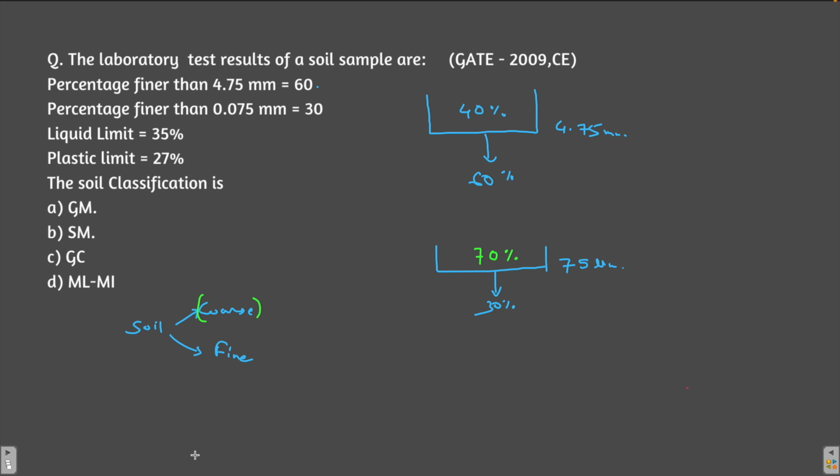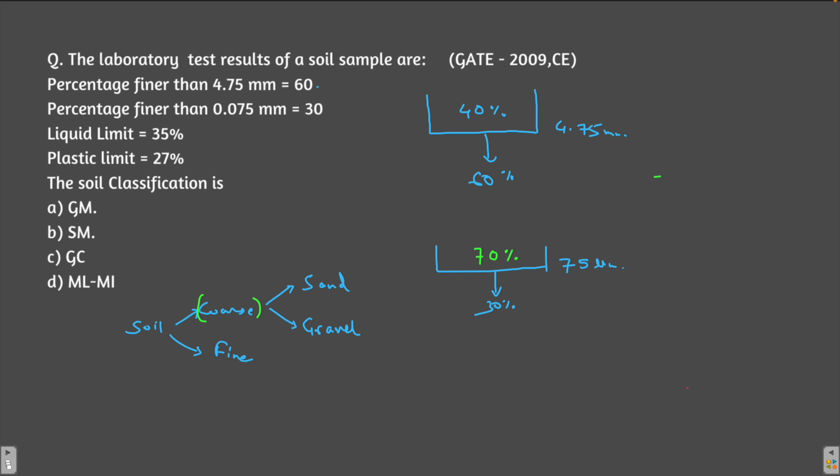Now coarse grained soil can be further classified as a sand or a gravel. Now our task is to identify whether it is a sand or a gravel. How do we identify that?